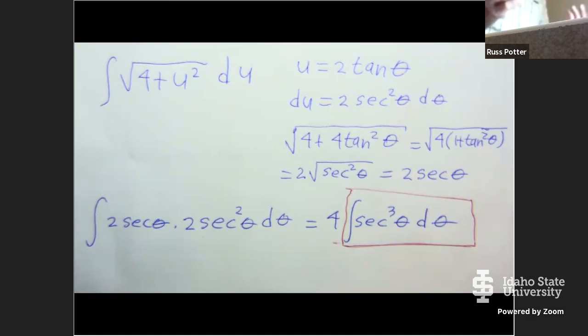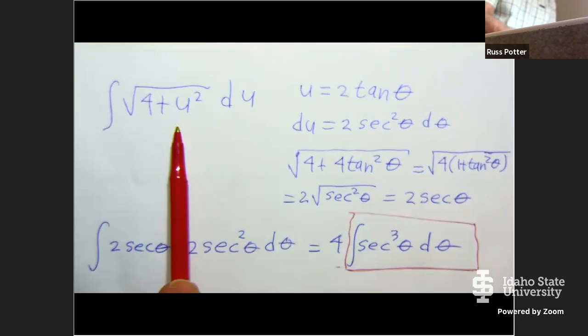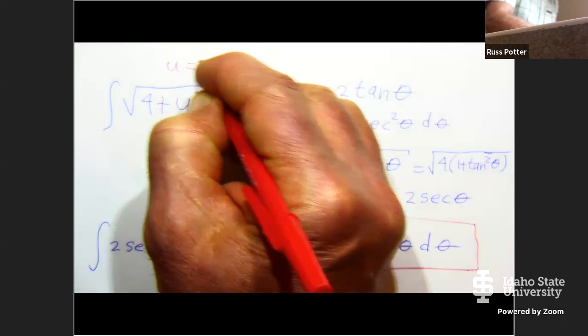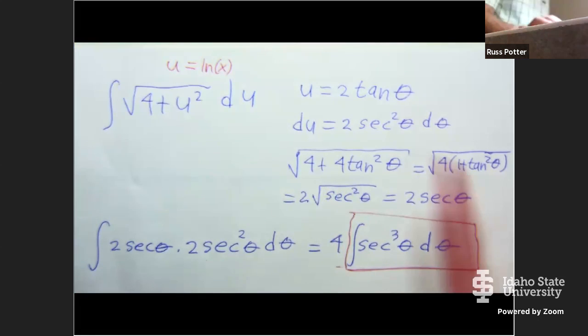In this particular problem, if you remember, the original problem involved a substitution, u equals the natural log of x. So there would be quite a bit to do. I'll just mention what you would do. You would find this indefinite integral in terms of theta.